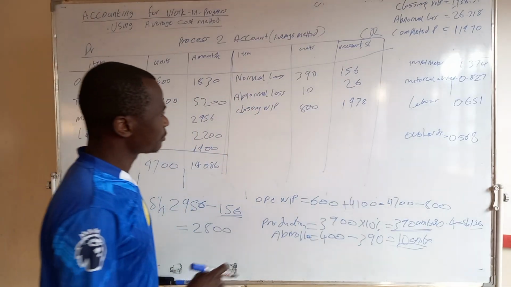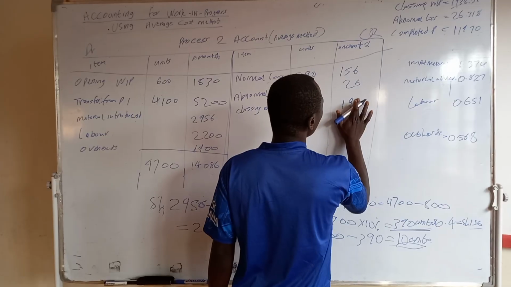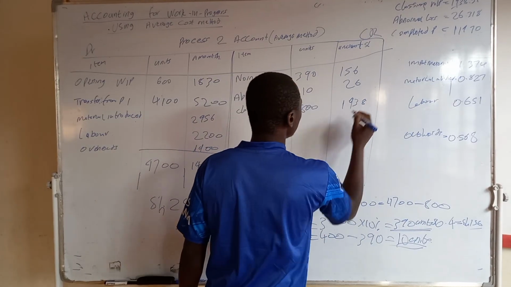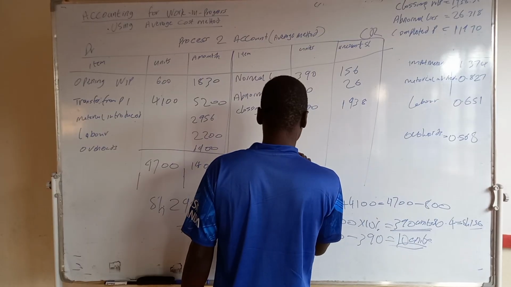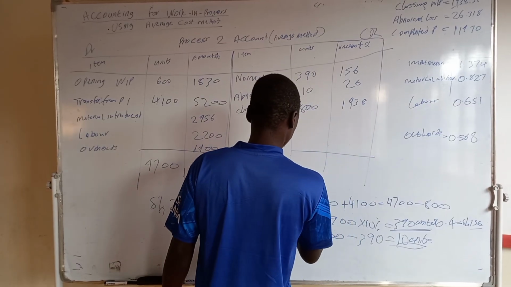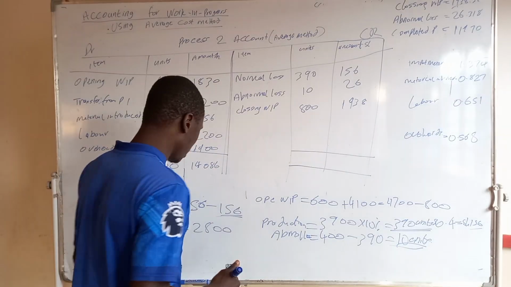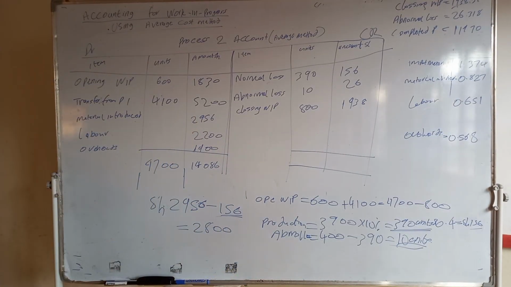Now, when you balance your account, let us add these and see how many units there are.